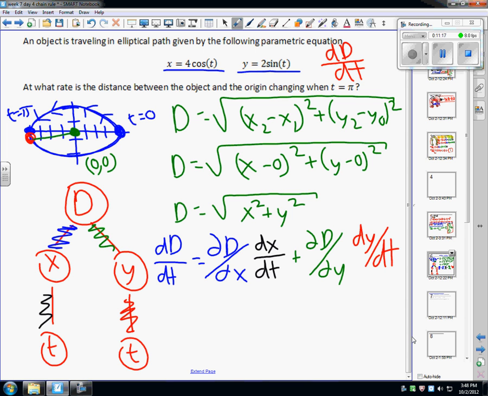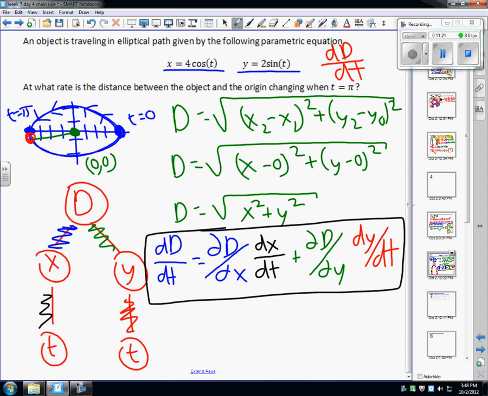So what we need to do is find this. So I'm going to do that in the next video, and we're going to take a look at what dD over dt is.